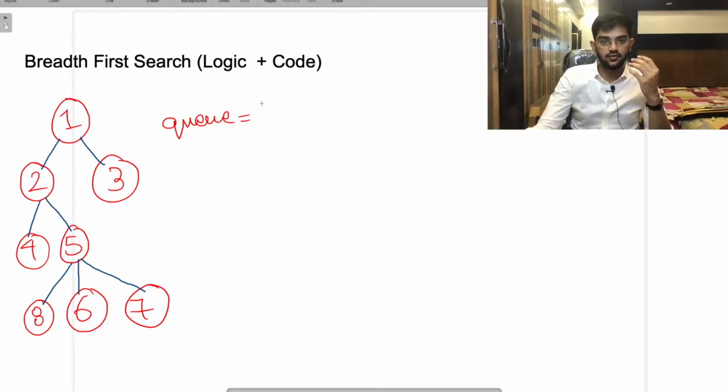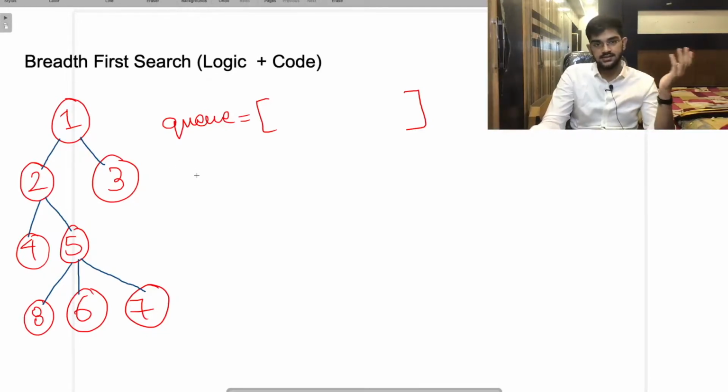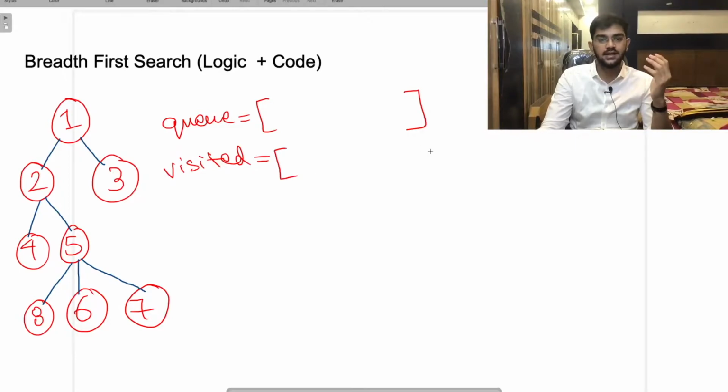So we are going to be maintaining a queue here. I'm just representing it in the form of an array as of now, and that's not an issue. We are also going to be maintaining something called visited, which is self-explanatory. I'll explain that in the code, but as of now, visited is nothing but a set.